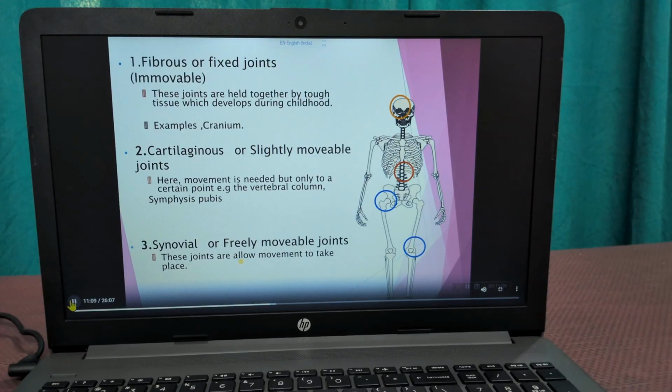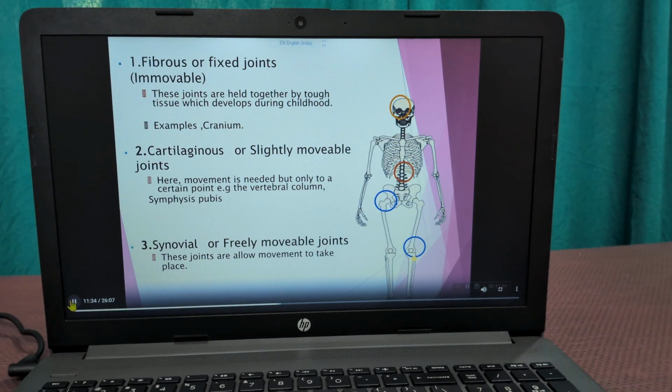Do you understand? The presence of the synovial fluid in the synovial cavity between the adjoining bones reduces the friction. Due to the reduction of the friction, there is the chance of greater movement. That's why these are the freely movable joints.